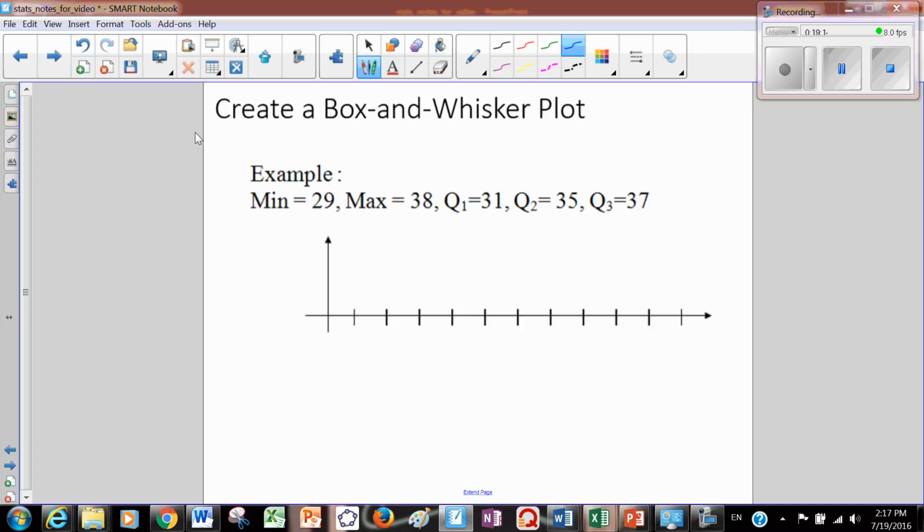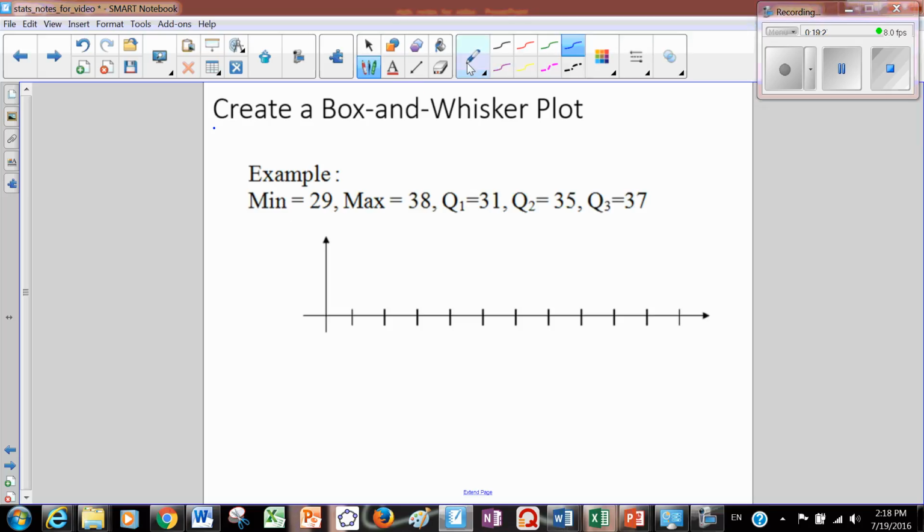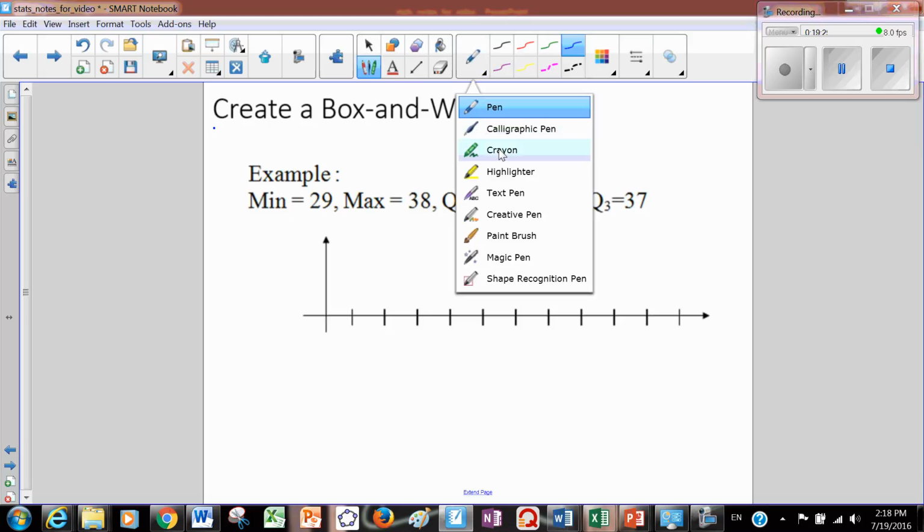So let's look at how you would create a box and whisker plot. If they're giving you the values, the min, the max, Q1, Q2, Q3, when you graph it you're going to need to identify your values, because right now there's no values. So you would need to put your values.